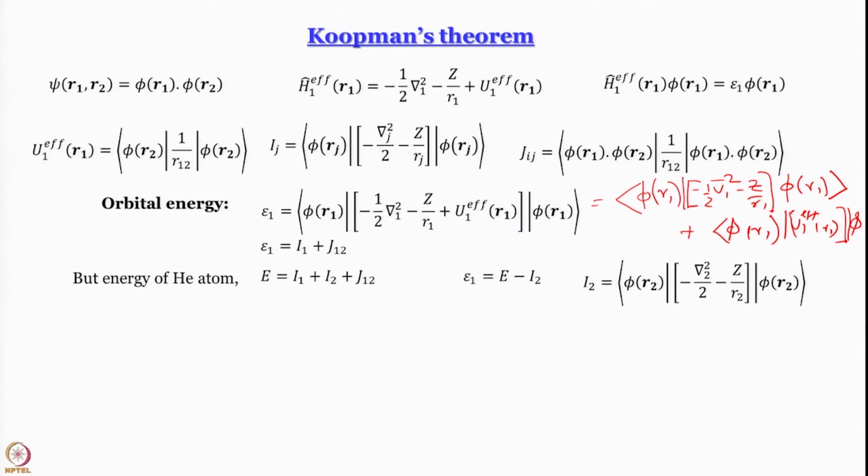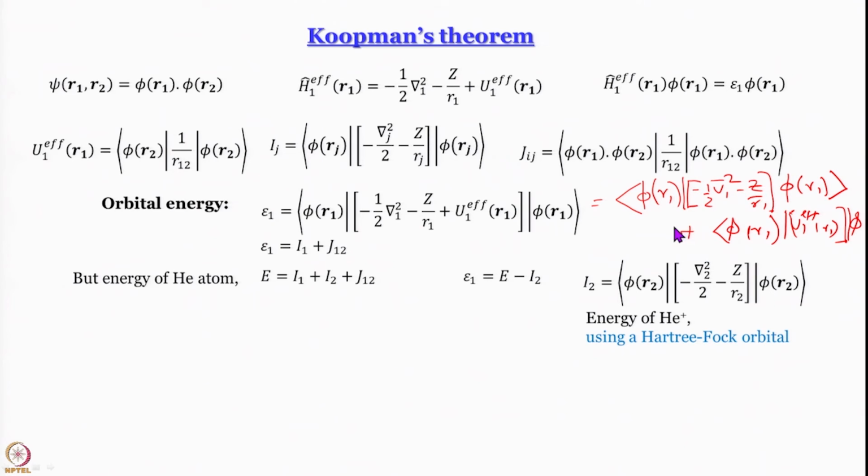I2 is the expectation value of energy for a one electron system with the same atomic number as helium. Helium has 2 electrons. So, if I remove one of those electrons, I get a one electron system with the same atomic number as helium. What is that? It is the helium plus ion. So, this I2 essentially is the energy of helium plus.